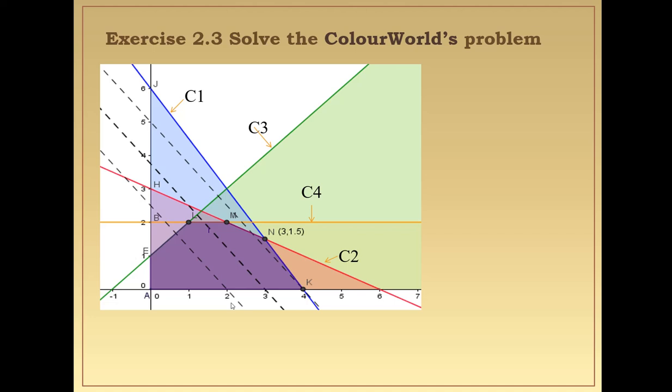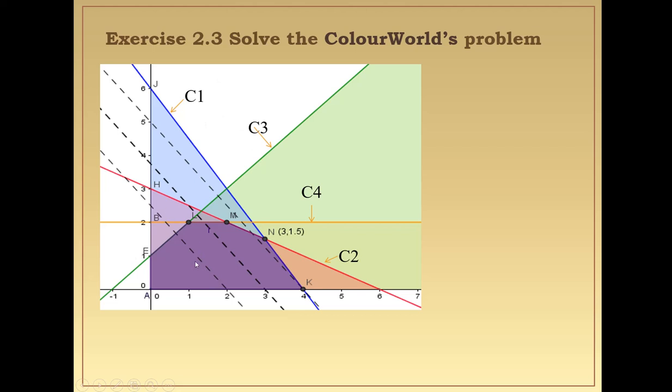The function is 5x1 plus 4x2. Here I choose Z as 10. It doesn't matter what Z you choose, as long as when you draw it on the graph, the objective line touches the feasible region. Like this one, not all but a part of the objective function lies on the feasible region. Then we know whether to move it up or down. Don't choose Z too large, because if Z is large it will go outside the feasible region. Make sure it touches the feasible region.